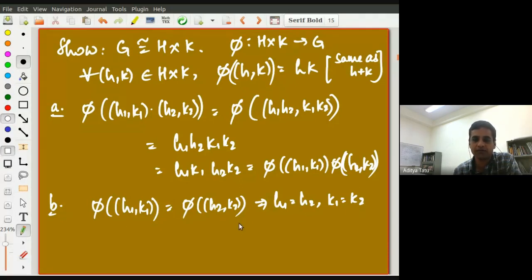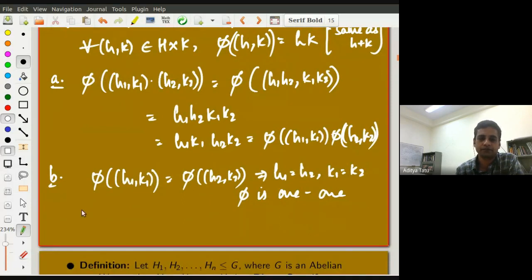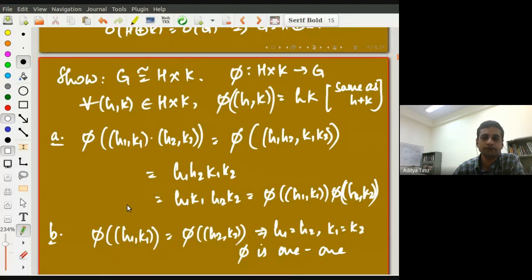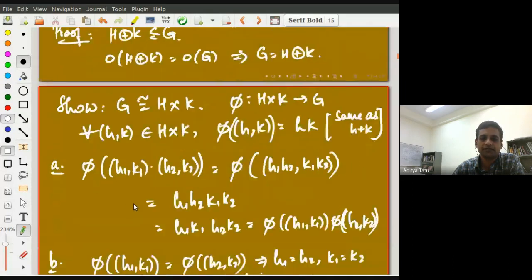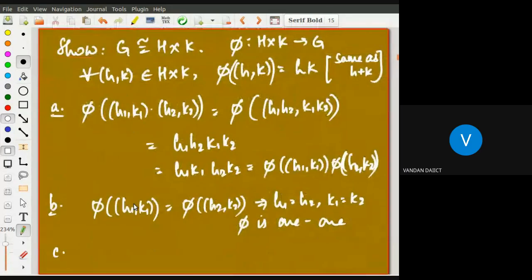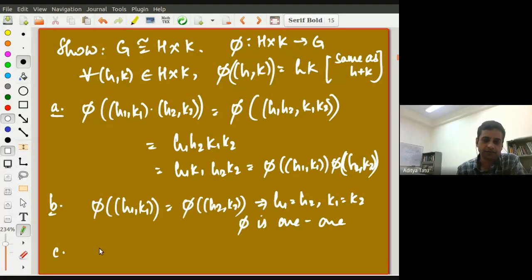So that is why phi is 1 to 1. How about onto? The number of elements in both are the same, so we'll be onto.